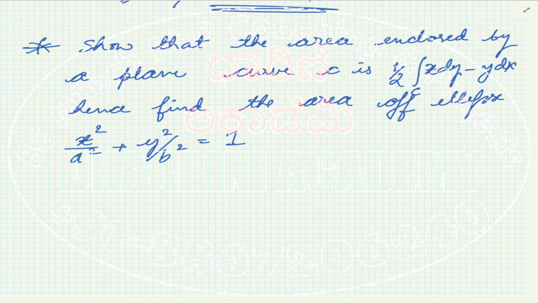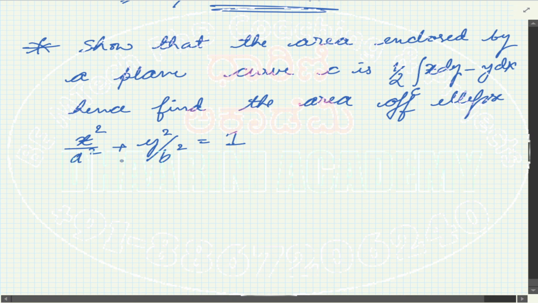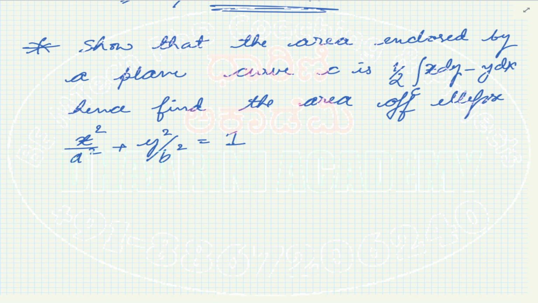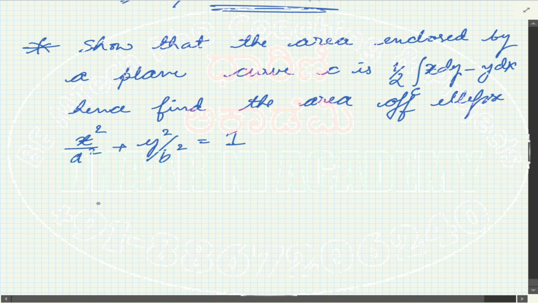Okay, now we need to find the required area. First we need to show that the area is given by a specific function. Let's do that. So let's write the equation for Green's theorem.